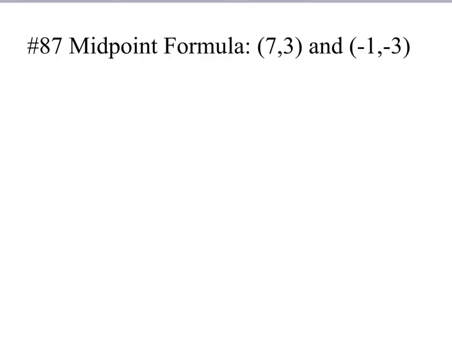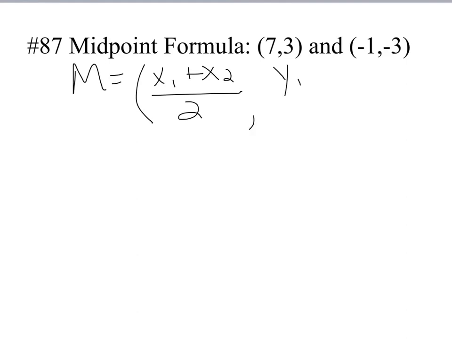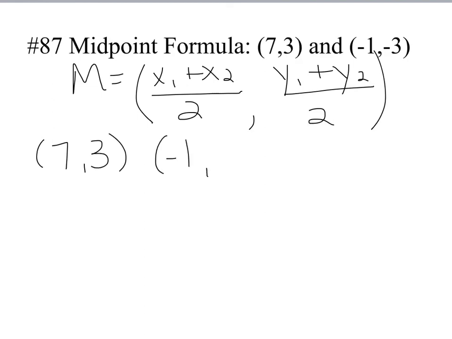Okay, so we're going to use the midpoint formula again here, which we just said is x1 plus x2 over 2, y1 plus y2 over 2. Okay, so I'm going to go ahead and write my points, and then I'm going to label them. x1, y1, both 1 because it's the first point. x2, y2, both 2's because it's the second point.